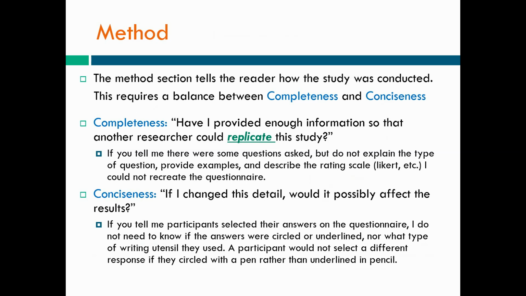So you don't want to provide the brand of the pen or the brand of the pencil that the participants use. That's irrelevant to the paper. You want to be complete and you want to be concise, but within the realm of being relevant. You don't want to become irrelevant.